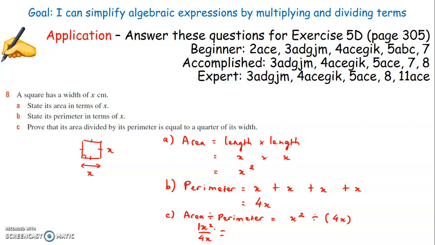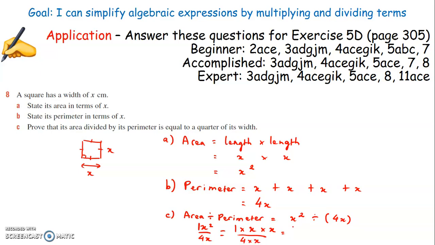The next step is to expand any variable with the power. So here I'm going to rewrite this as 1 times x times x, expanding the x squared as x times x. And the bottom is 4 times x.